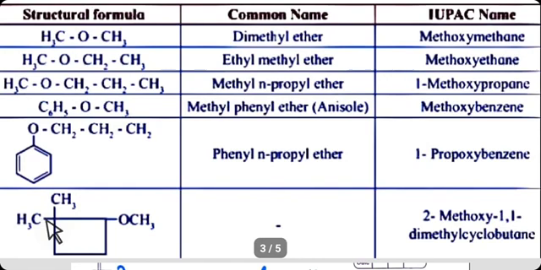Next one is 1, 2, 3 and 4. So this ring contains 4 carbon atoms and the name of this ring is cyclobutane. In this cyclobutane, the first carbon contains 2 methyl groups, and the second carbon contains a methoxy group.